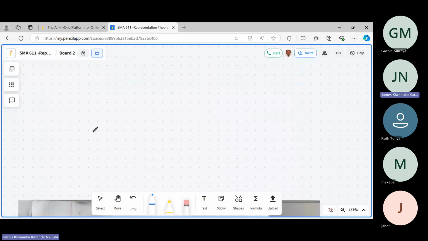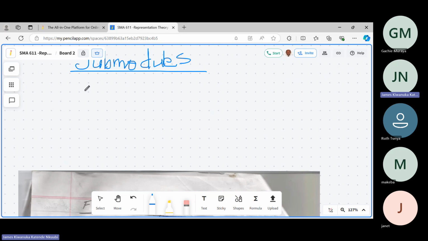The other thing we missed was the FG submodules. I'll give you the work to go and read that, but I will write it up again. So the FG submodules work like this.